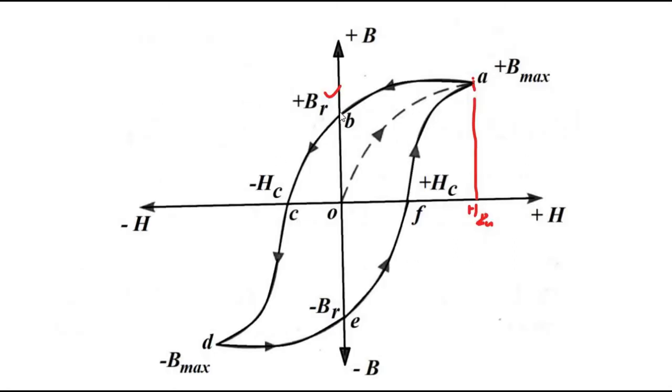Now if we want to make the value of magnetic flux density in the material 0, we have to apply the magnetic force in the reverse direction, in the opposite direction, by reversing the direction of current. The reverse magnetic force that we have to apply to make the magnetic flux density in the material 0 is at this point C, where the magnetic flux density B is equal to 0.